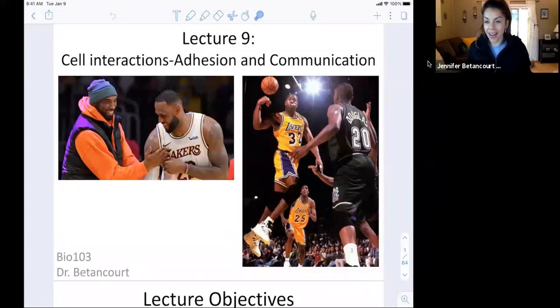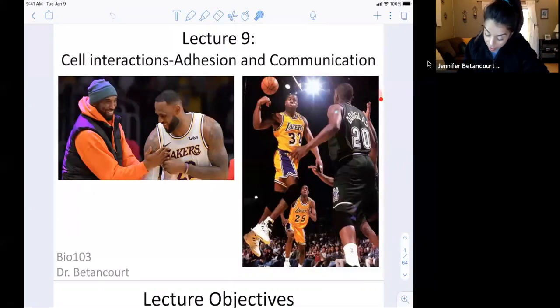I don't know if you can tell by now, but I'm a huge Laker fan. So this cartoon here shows what we're going to talk about today. You have cell 1 and cell 2. They are demonstrating adhesion. And so this is a way that cells can form a little team or a community, right?